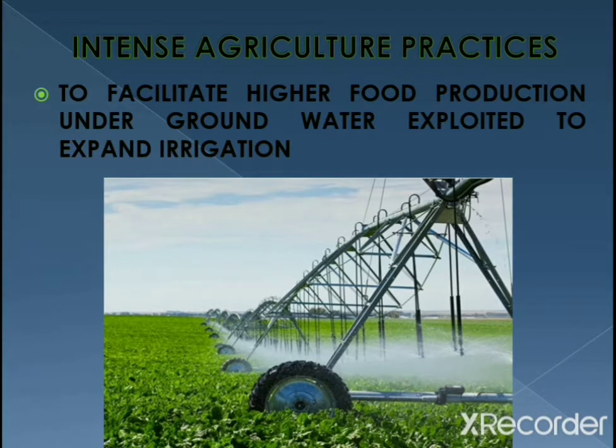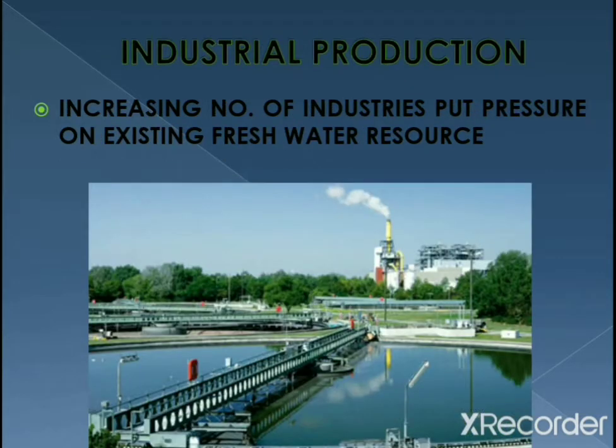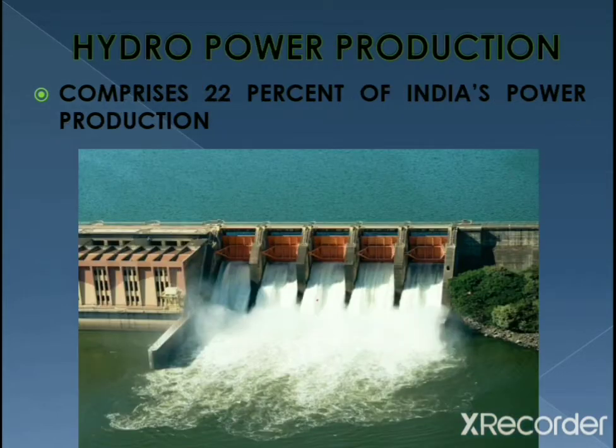The intense agricultural practices that have been adopted to provide higher food production have exploited the groundwater resources in the name of high irrigation. The increasing number of industries has also put pressure on the existing freshwater resources in many areas.